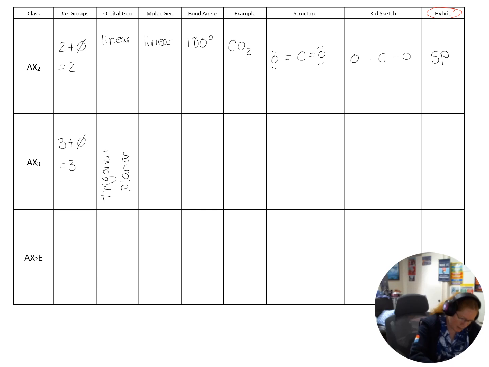When everything's bonding, same thing. Okay, and this is where we had our 120-degree bond angles. All right, and then we'll do our boron trifluoride.